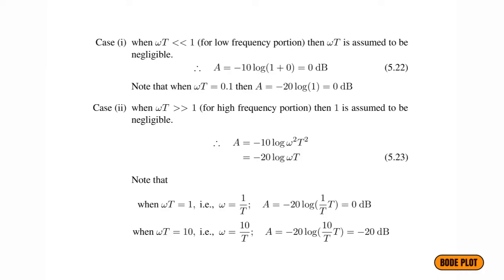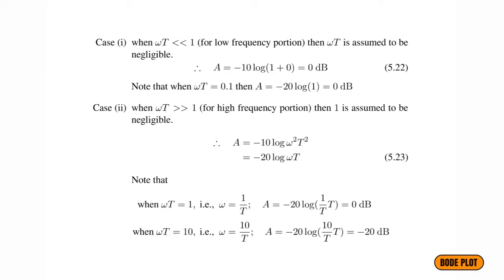We consider the next case. Omega tau is far greater than 1. For the high frequency portion, this 1 is negligible. That's why minus 10. This is the square root of 1 plus omega square tau square. Square root means to the power 1 by 2.